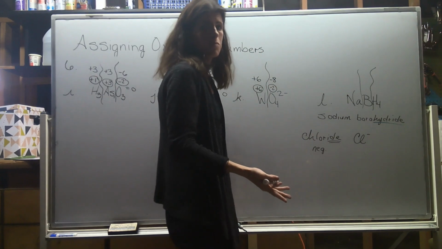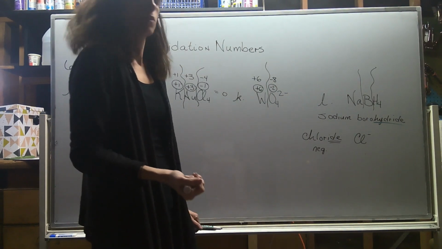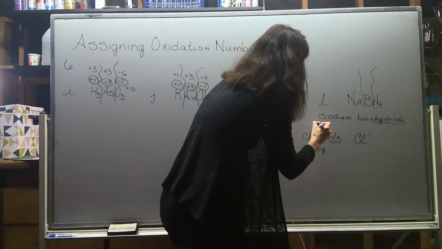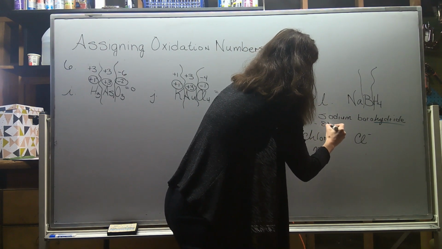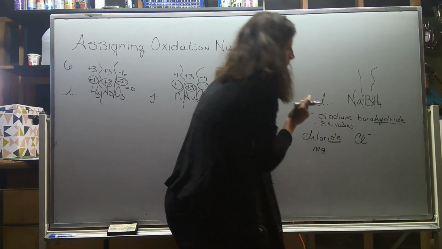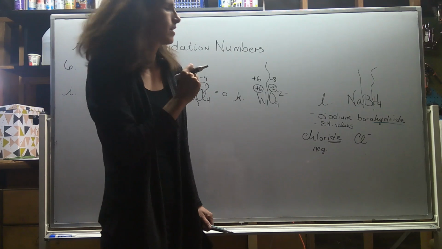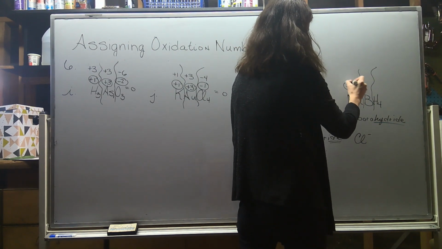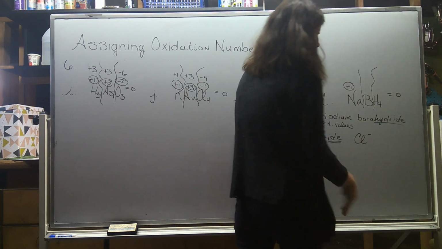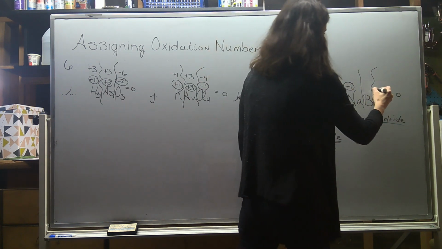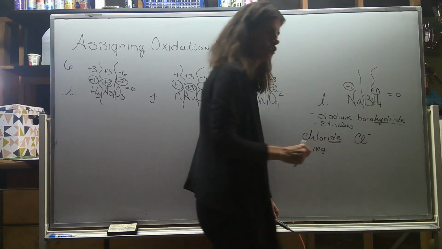So without the name, it would almost be impossible, right? So you either need to have the name of the compound or the electronegativity values, and I'll talk about that in just a second. So some piece of information in order to successfully tackle this one. So we'll do a +1 on our sodium. The whole thing has to equal 0. And then because of the hydride part, I'm going to do a -1 on hydrogen.